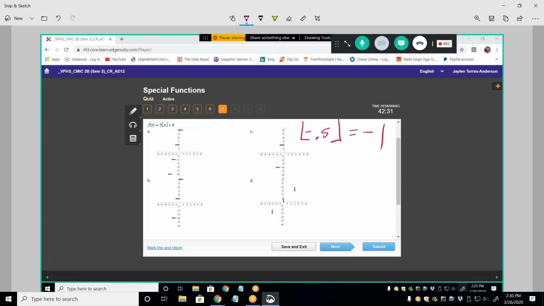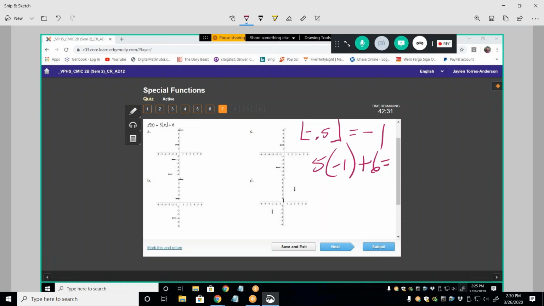And what's 5 times negative 1 plus 6? What is that? Well, what is it? What's 5 times negative 1? No, it's times, not, it's negative 5.